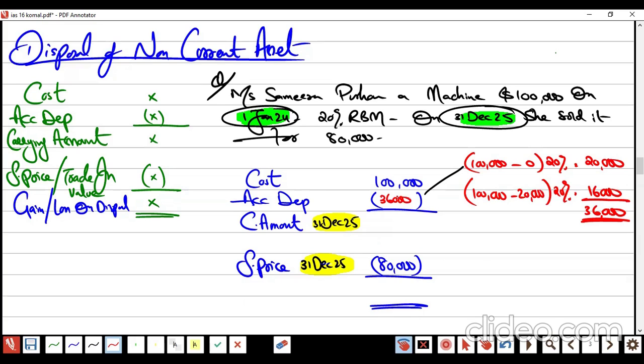64,000. Now my question to you, is it a gain or a loss? How can you say it's a gain? Because the carrying amount is less than the selling price.